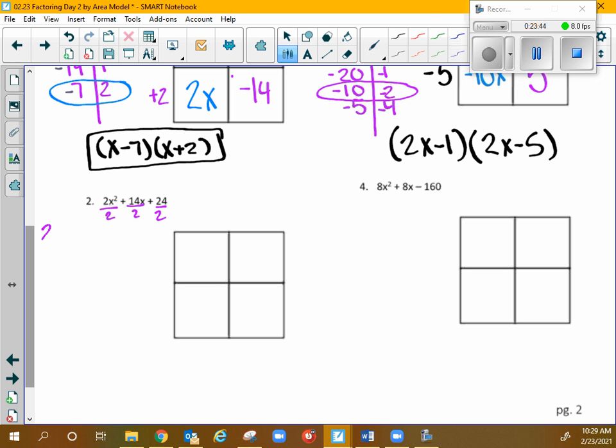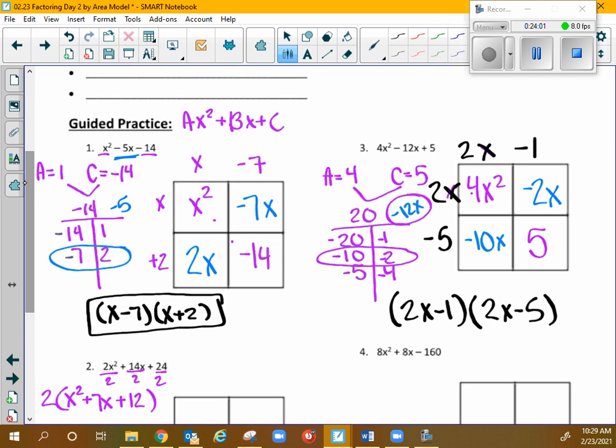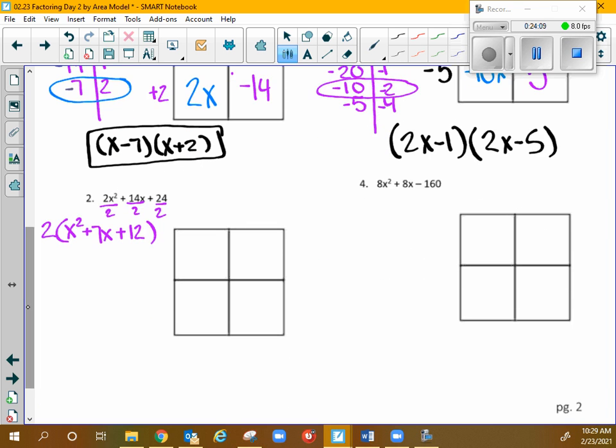So now 2 times x squared plus 7x plus 12. So we're doing it for each one, but was there a GCF for number 1? And was there a GCF for number 3? So I'm checking, but only if there is one do I factor it out.